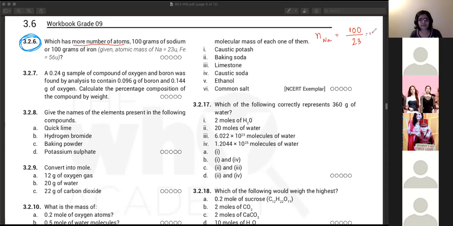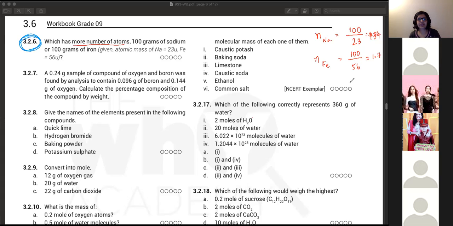And in 100 grams of iron, it's 100 by 56, a little less than 2, 1.78. Now, ma'am, you multiply by Avogadro's number and then you find. As the number of moles in sodium is more, there will be more atoms in sodium.